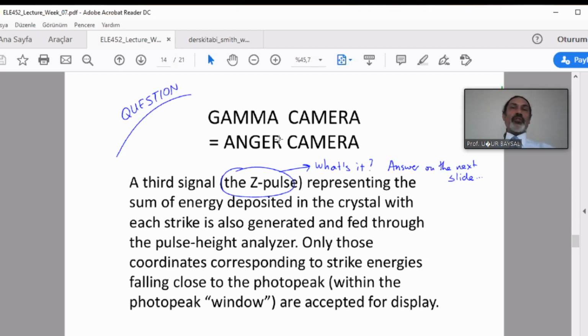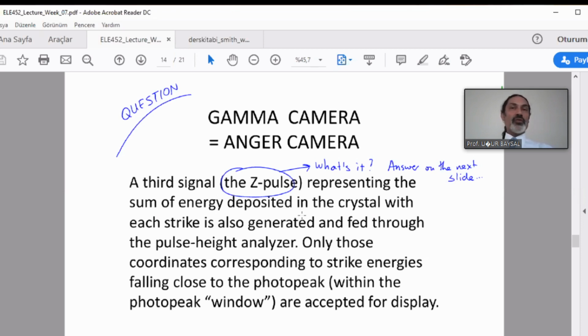So one of the most important parts in a nuclear imaging system is the gamma camera, also called the Anger camera. Anger is the last name of the engineer that developed this camera. From this camera, we have XY two-dimensional location information, as well as the so-called Z-pulse signal.